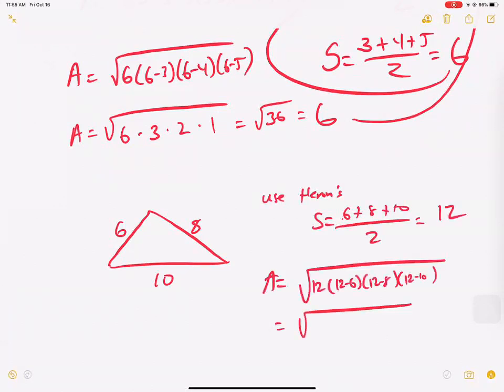Or you can just write the square root of 12 times 6 times 4 times 2. And that's going to be some fat number, 576. When we take the square root of that, it gives us the answer 24.